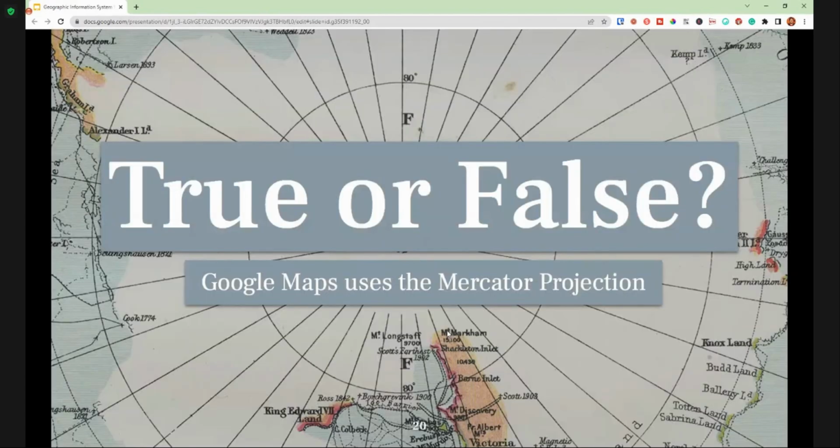So true or false? Google Maps uses the Mercator projection. You can answer in the chat. All right, that's correct. It was also mentioned in the video that Google Maps uses the Mercator projection.